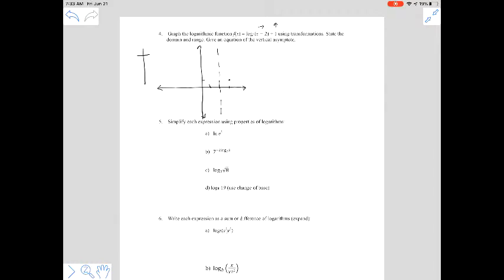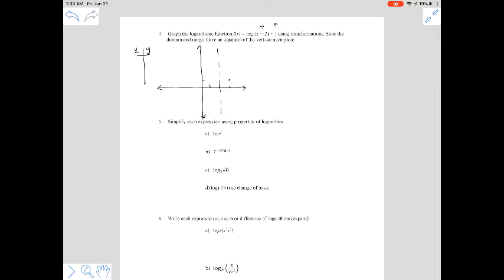Now we want to make a collection of points here. And since we have a log base 3, I want to choose values of x so that when I plug them in, I get a number inside that parenthesis that's a power of 3, like 3 or 9 or 27.